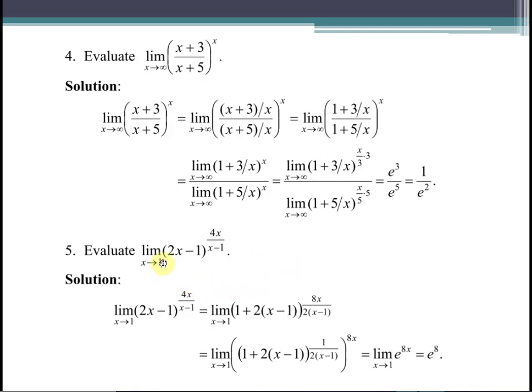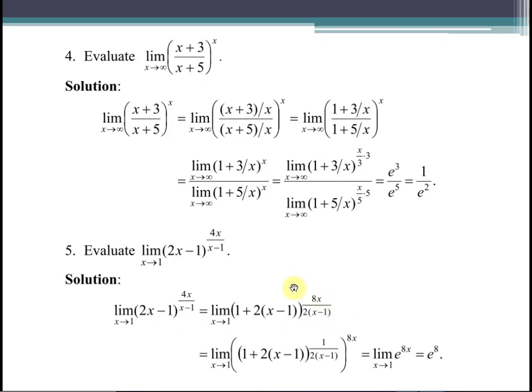Number 5, evaluate the next limit. The limit as x tends to 1. Now you can write in this form: 1 plus (2x minus 1). If you open the bracket, we get 2x minus 1.